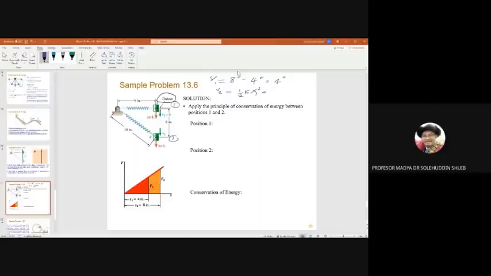So you substitute this x1 here. You get half. The value of k is given in the problem, which is 3 pound per inch.